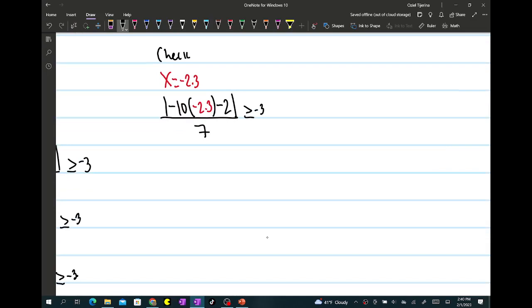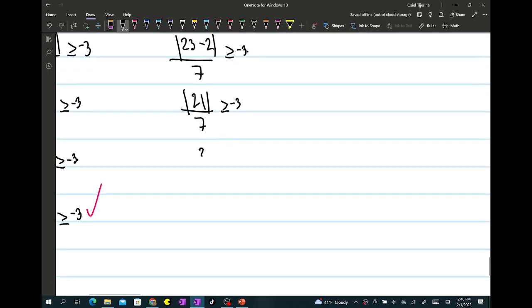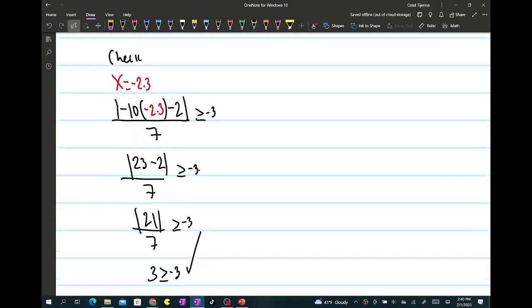So this would be 23 minus 2 all over 7 is greater than or equal to negative 3. This is 21 absolute value over 7 is greater than or equal to negative 3. This is 3 is greater than or equal to negative 3. So this works, right? So we know that negative 2.3 does work.